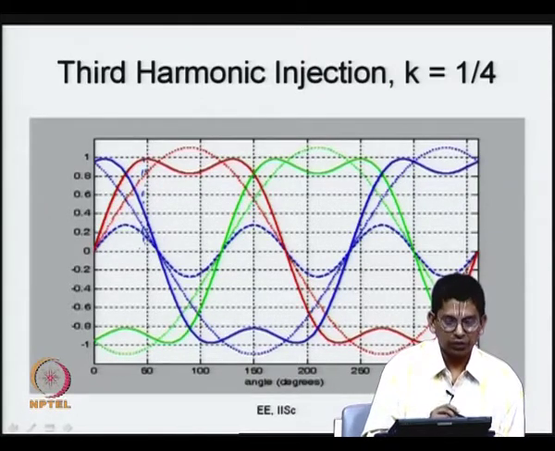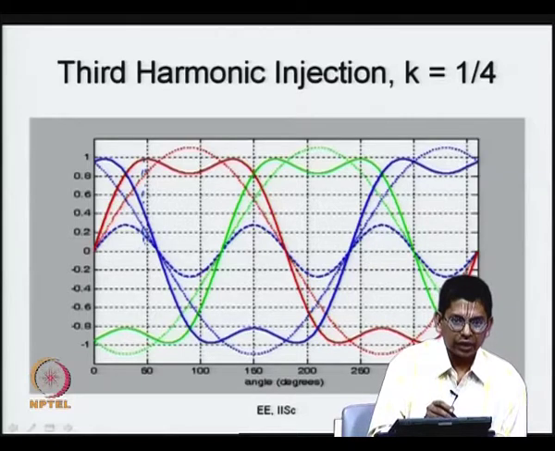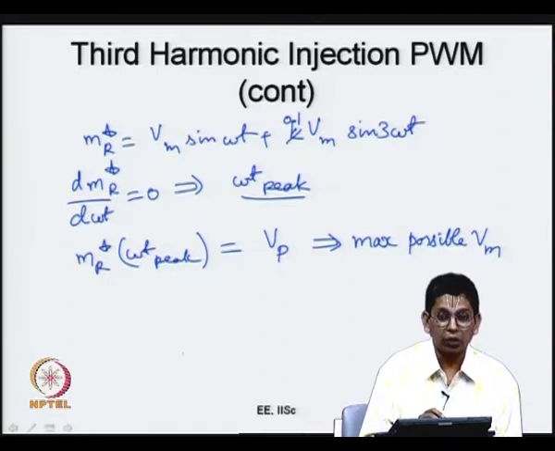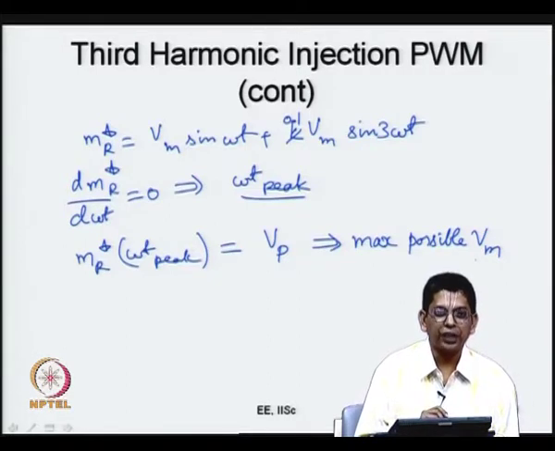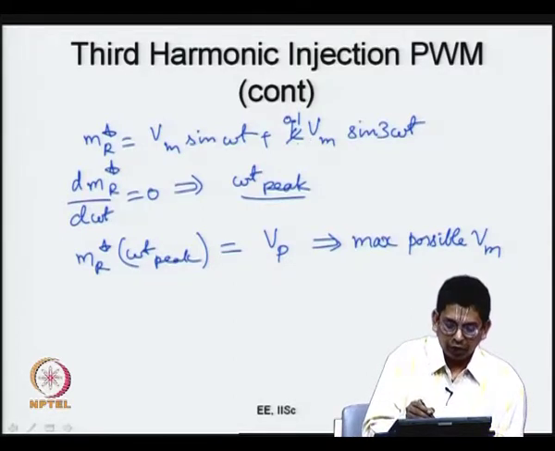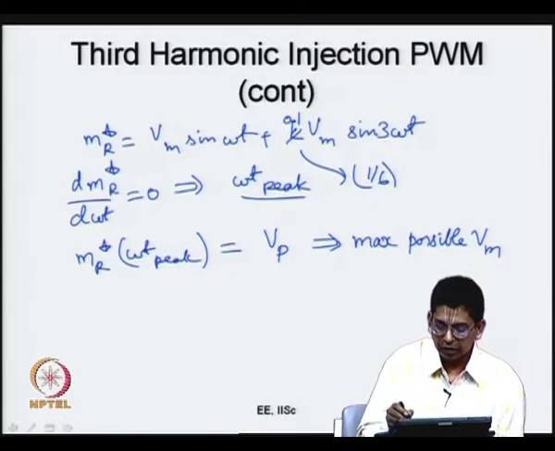Once I find that instant omega t peak, I can say that that is the highest value of mr star, which can go as high as V p, it cannot go beyond that. So, when I equate that, I get the maximum possible value of V m for that particular k. You will see that if you take your k to be 1 by 6, then this maximum possible V m will turn out to be 2 by root 3.